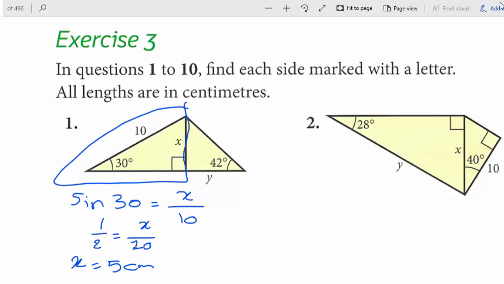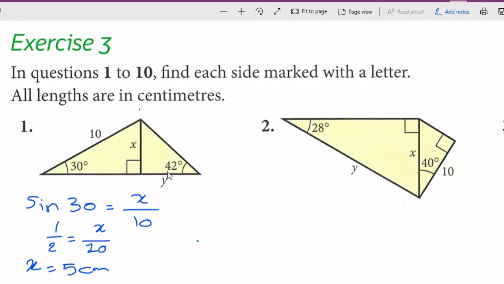Now look at this triangle. Now to find y, we have x, which is 5 centimeters. This angle is 90 degrees, and the side opposite the right angle is the hypotenuse.